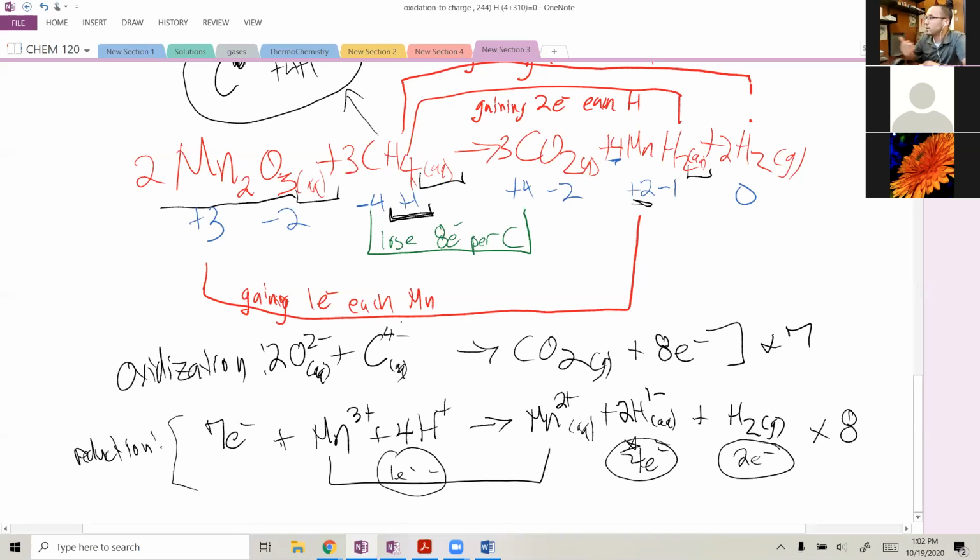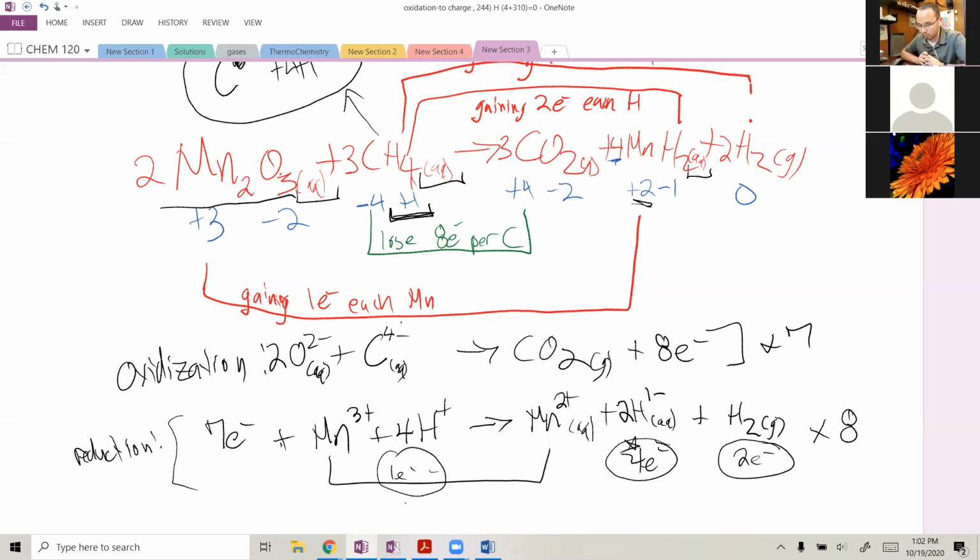Now, in this specific case, it's a little bit different because, do we only have one species that's reducing? No, right? So because we don't have just one species reducing, then we can actually have some more flexibility there.